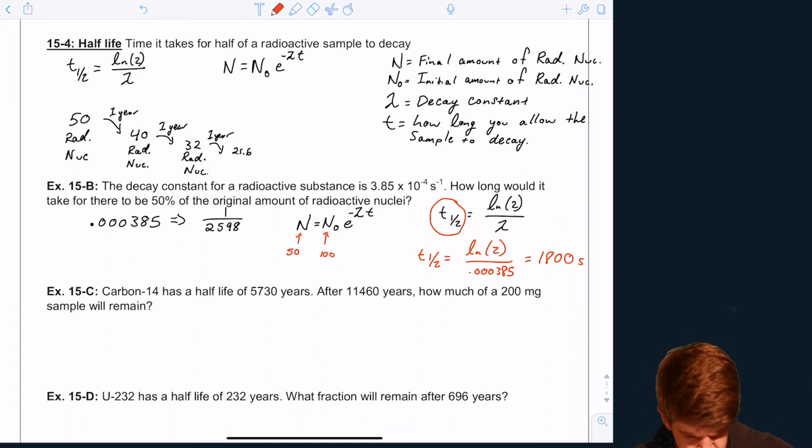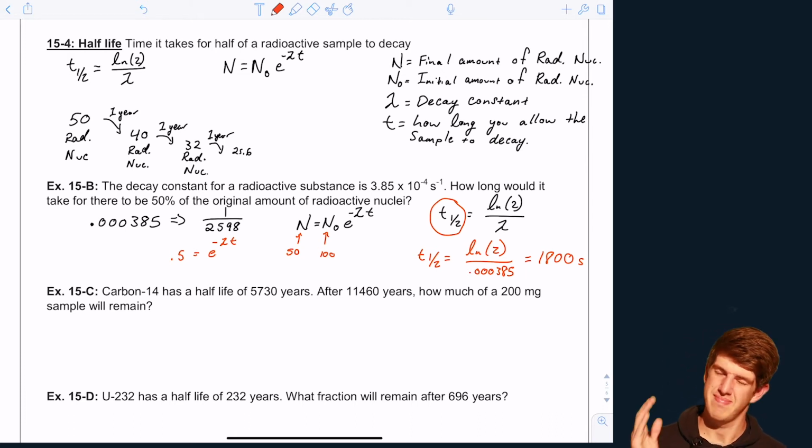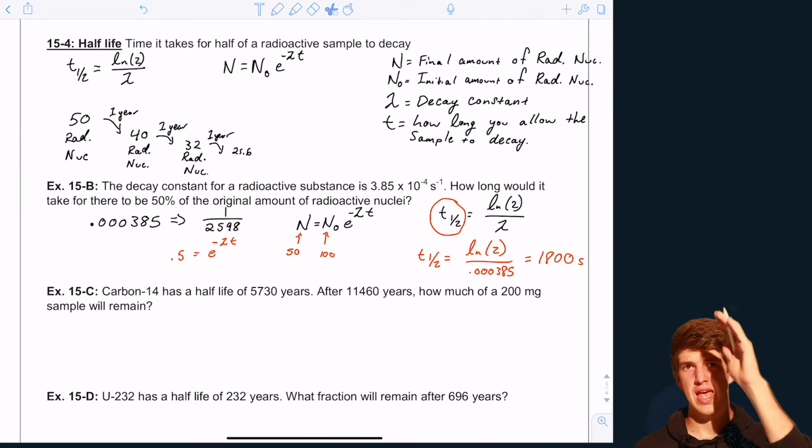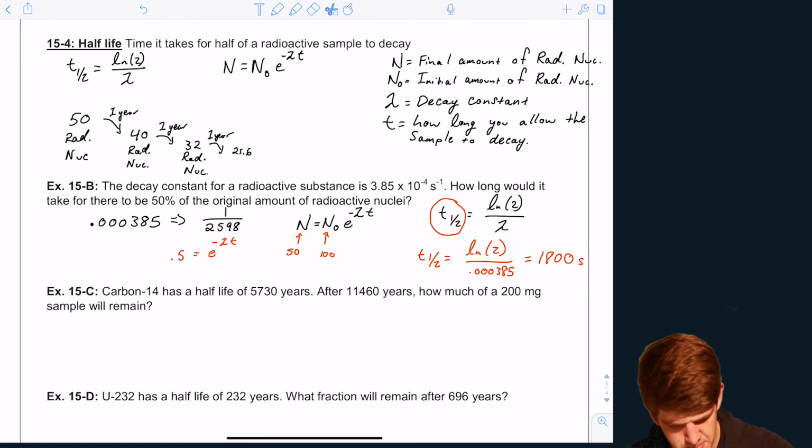Well, if I divide that out, I would have 0.5 is equal to e to the power of negative lambda t. Only issue is I don't know my time, so I'd probably be a little bit stumped there. I'd have to find an alternative method, but straightforward, half-life equals ln of 2 over my decay constant.